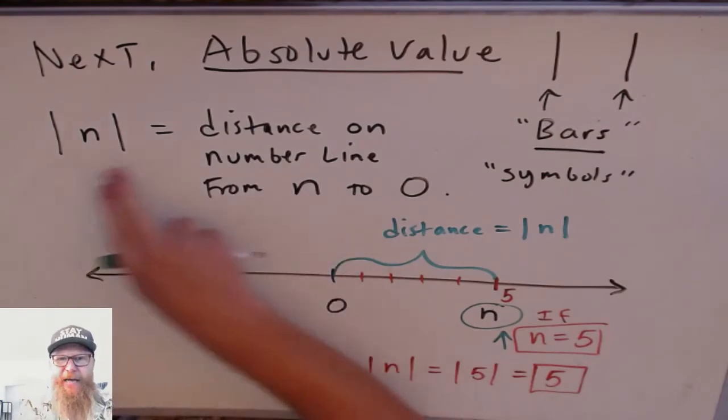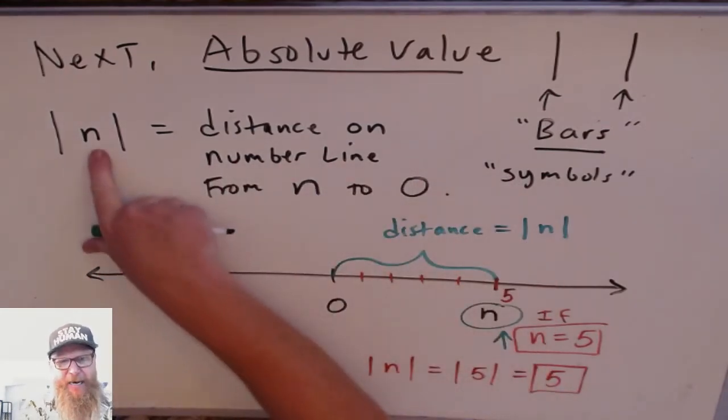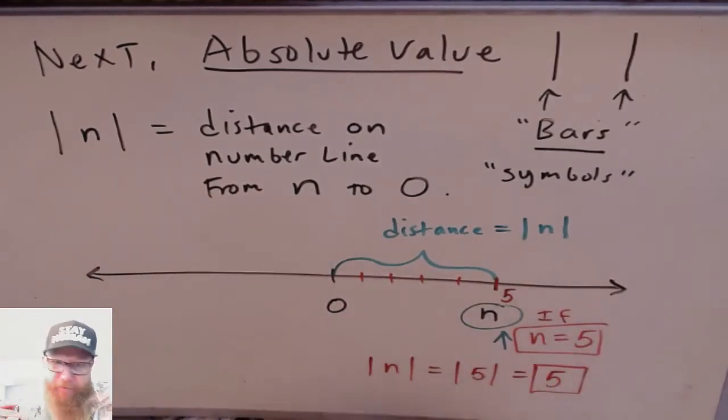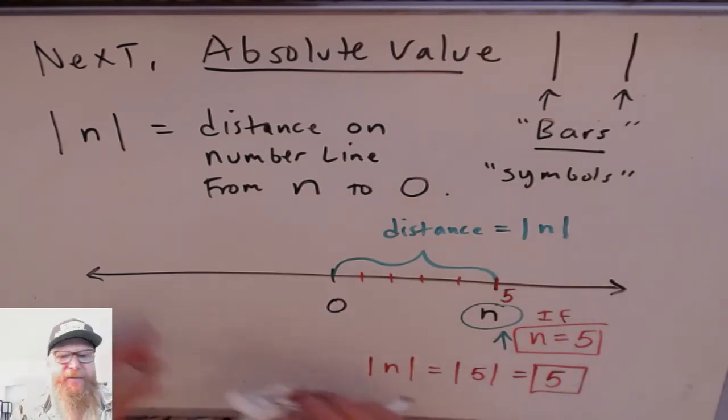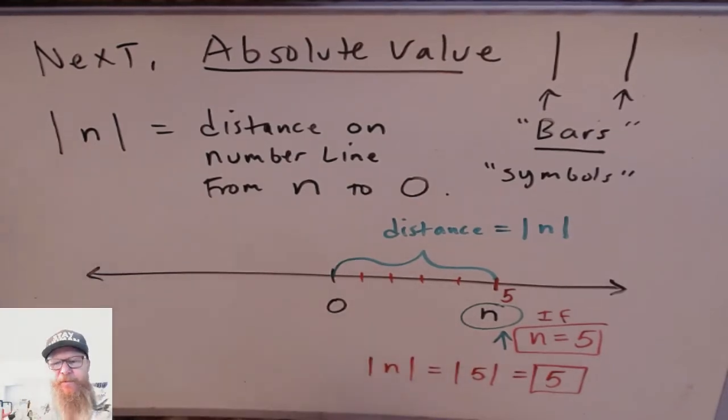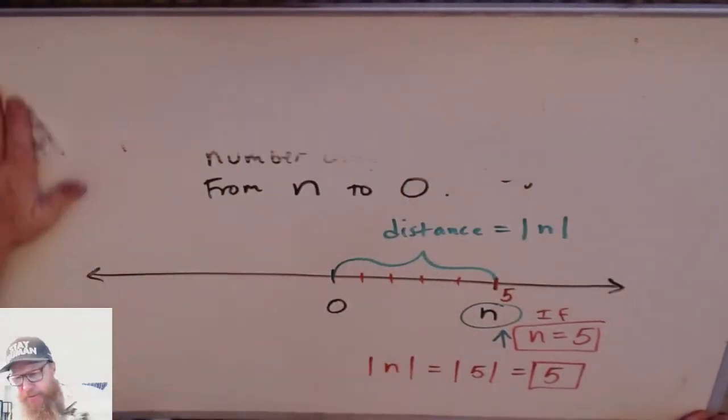Now we need to be careful with this, because sometimes when you see the letter n, you think positive, because you don't see a sign, and from everything I've just been explaining, if you don't see a sign, you might assume it's positive. That's not true for variables.